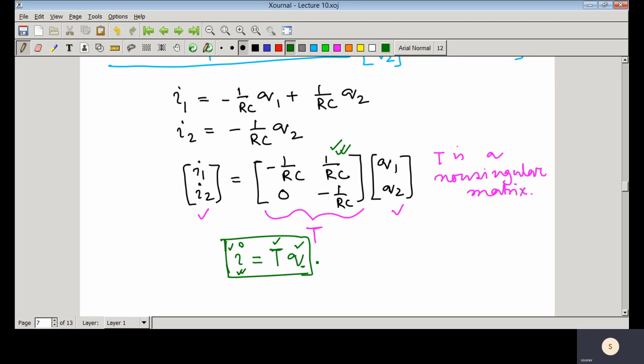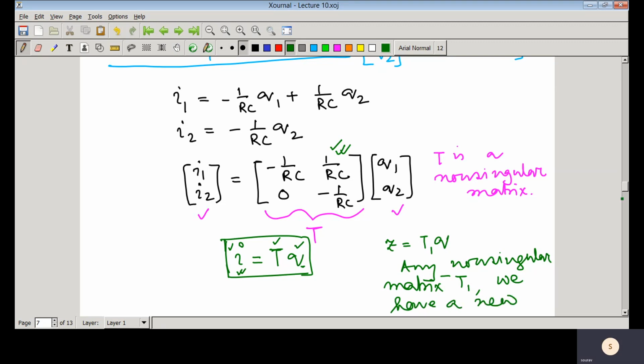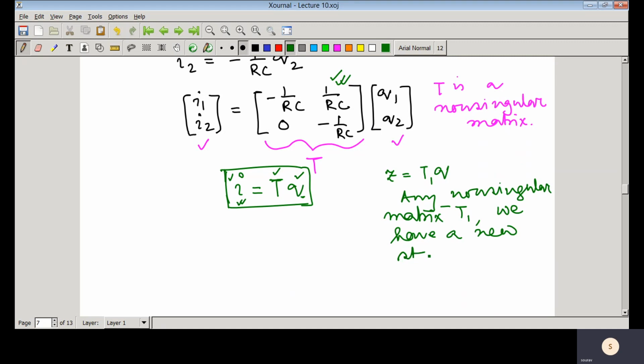So if you take any non-singular matrix, say T1, we have a new state vector Z. This Z may or may not have any physical meaning, but you can get an infinite number of state vectors just by taking different T1.